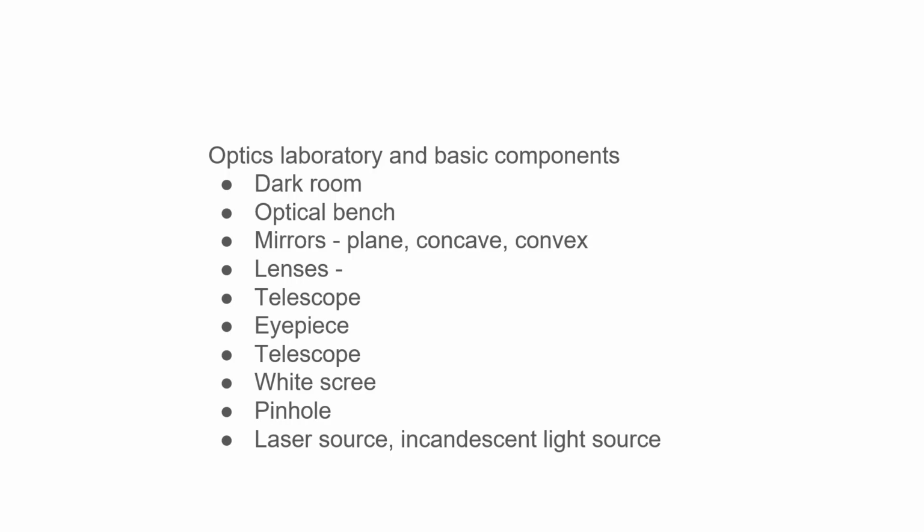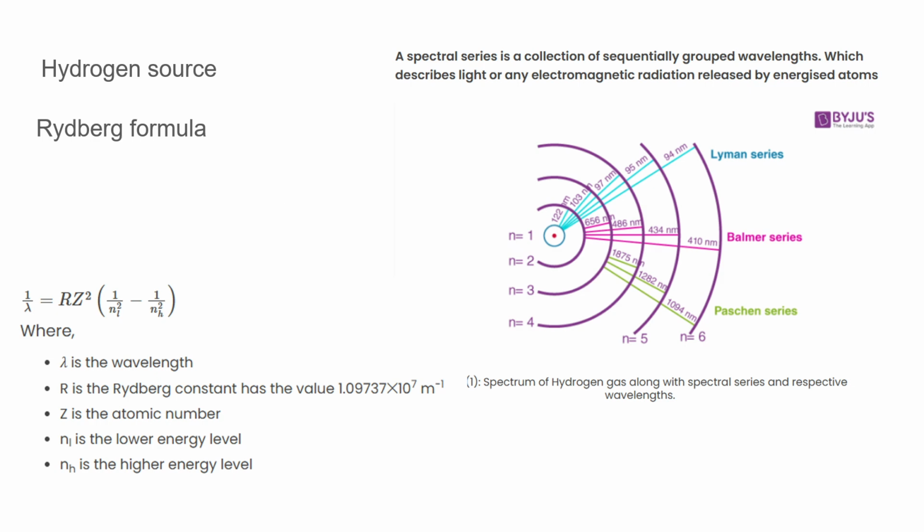But let's focus on one formula which tells us about emission spectra. What will be the wavelength of emission spectra? This usually comes up when we talk about the hydrogen atom or atoms similar to hydrogen. This formula is called the Rydberg formula.